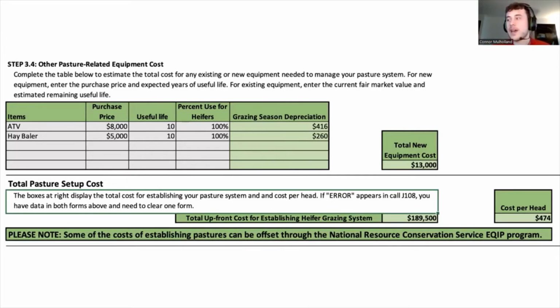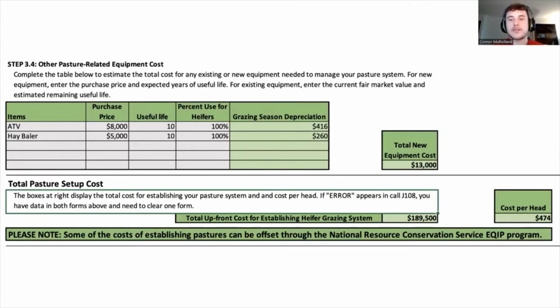This is so we don't accidentally apply depreciation that would belong to other parts of the farm towards the heifer system. So this is kind of a subjective guess, but if you know that you're only going to use an ATV for grazing your heifers, put 100% there. If you think about half the time, you'll use it for other stuff, put 50% there.